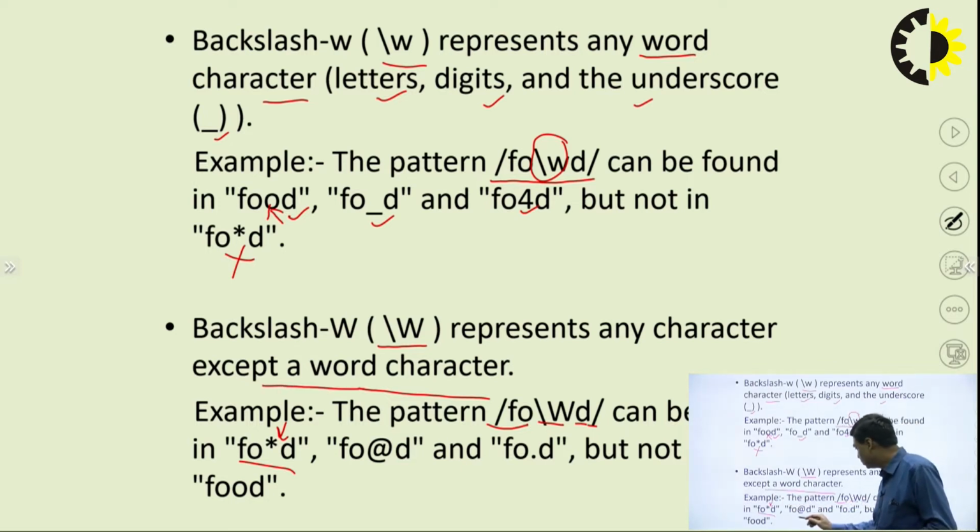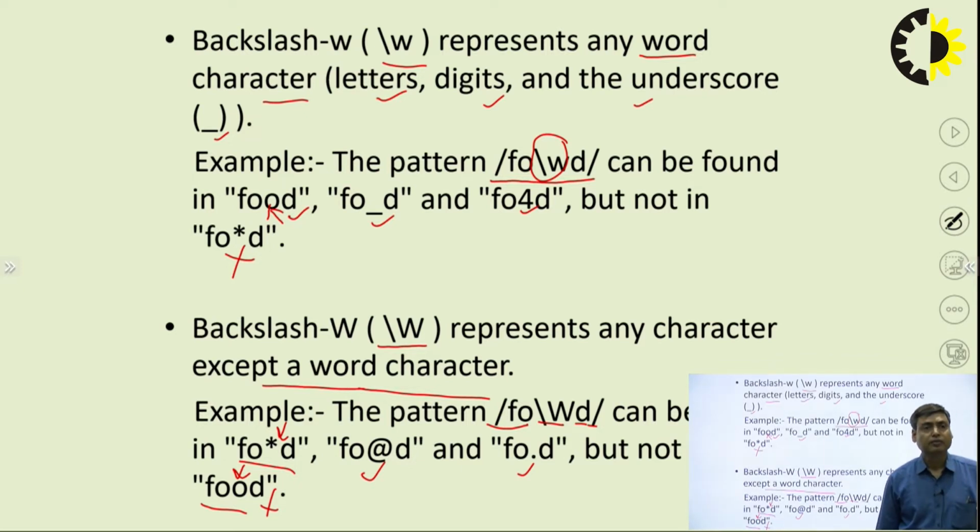This string is also valid and this string is also valid because we are permitting these characters, but not in this FOOD because at this position it is a letter. It is not permitted. So this string is not permitted, but any other of these three above strings are permitted, or you can say valid as per the regular expression.